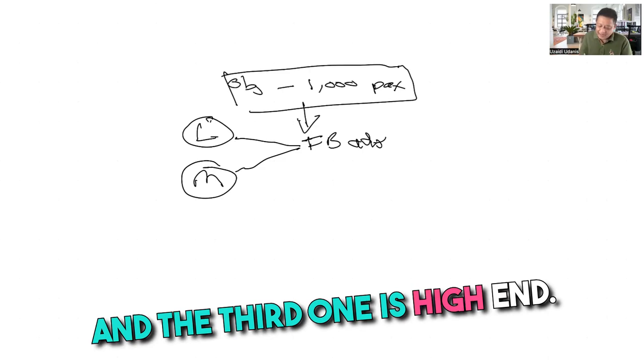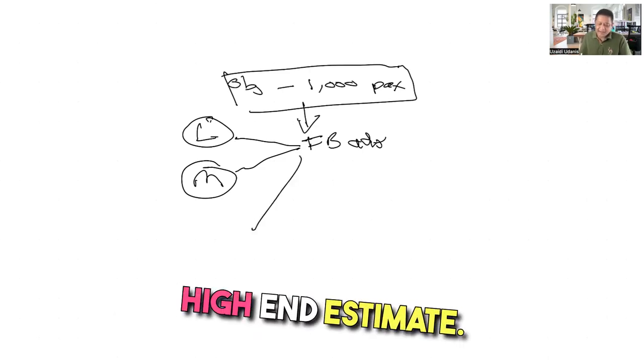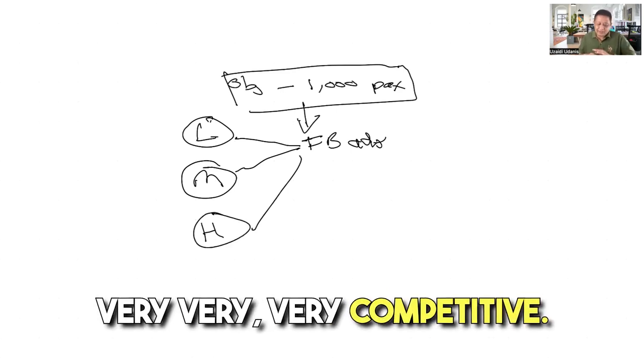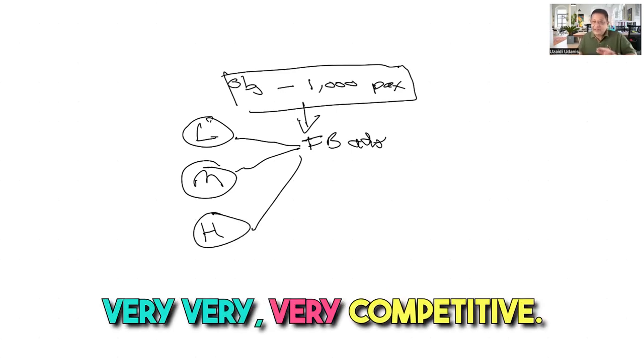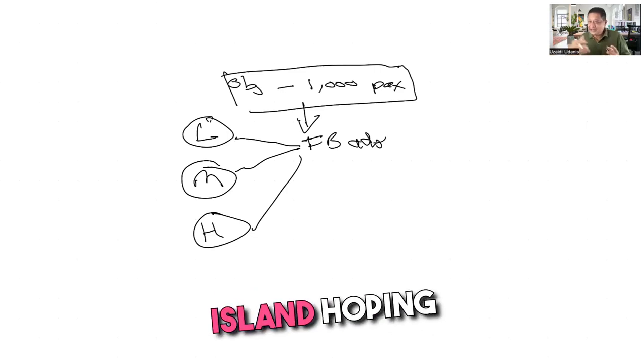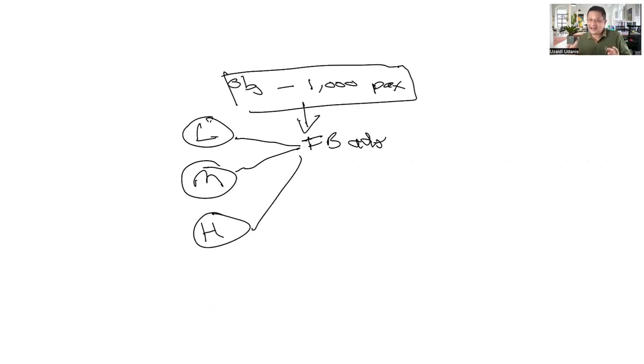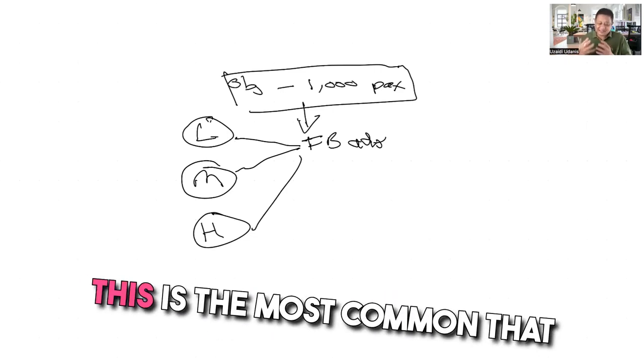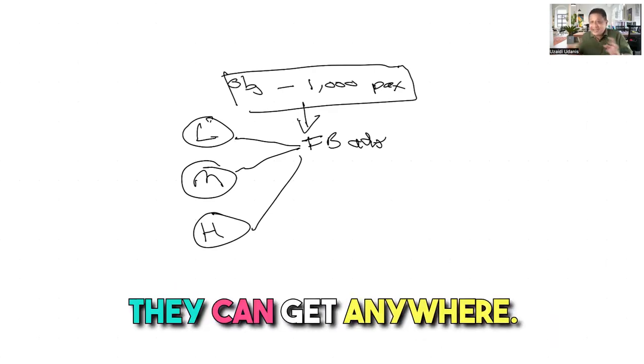And the third one is high end estimate. That means very competitive. It's a much more common package, like for example island hopping, city tours. This is the most common that they can get anywhere.